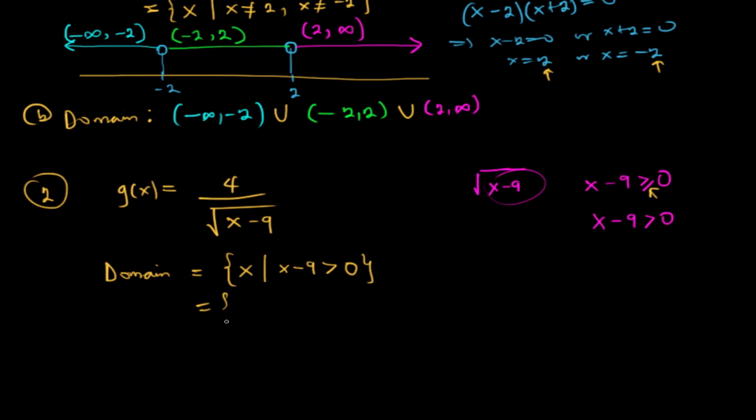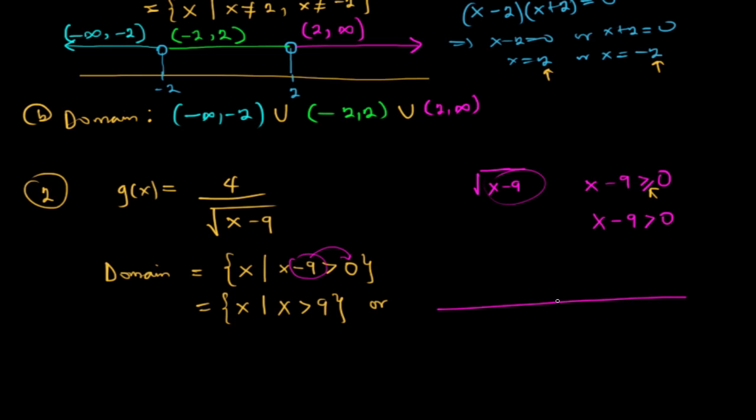So which is the same thing as x such that, when you bring negative 9 to the other side here, you have x greater than 9. Or another way of writing that is, if I show you this, you have something like this, just like we did over there.